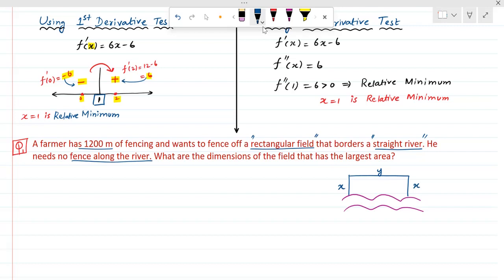So this is the scenario given, and my aim is to find x and y at the end. Since it is a rectangle, what is the rectangle's area and perimeter? The area of a rectangle is given by length into breadth, therefore x into y.